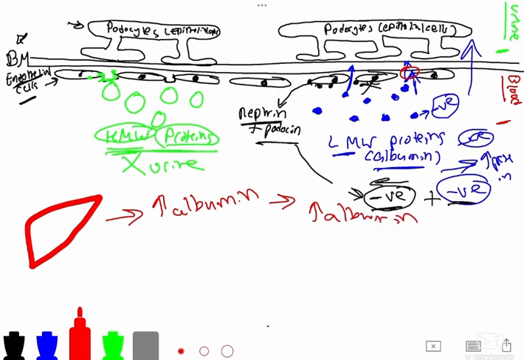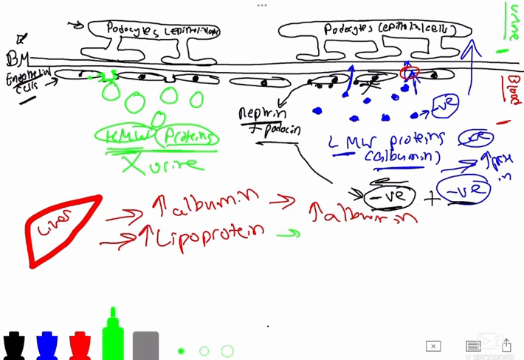So what the liver does instead is actually really interesting. It increases another protein, and it's called lipoprotein. So lipoprotein is going to increase, and lipoprotein is actually a high molecular weight protein, meaning it cannot physically pass through the endothelial cells like other high molecular weight proteins. But here's the catch.